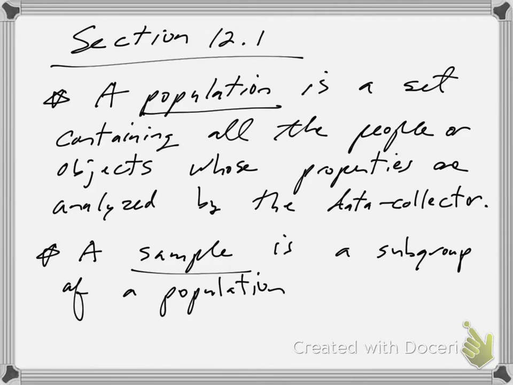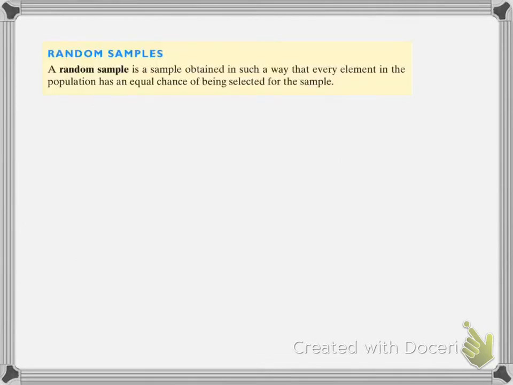We call something a representative sample when it is a sample that fits the population and characterizes the population well. We can also have what's called a random sample.